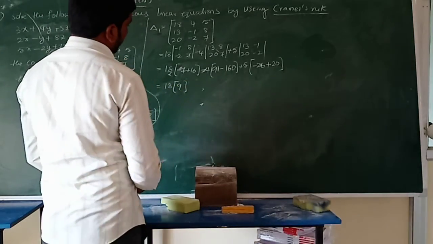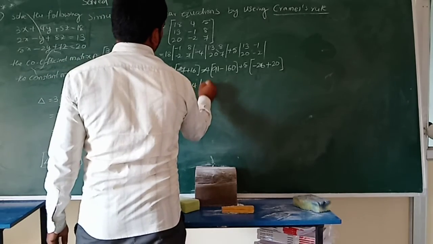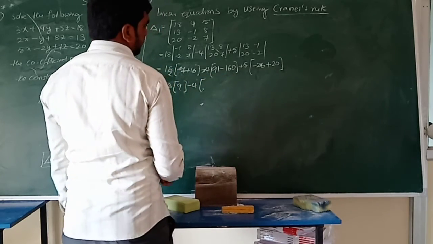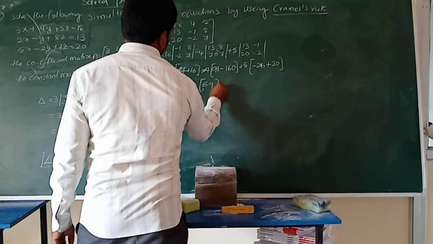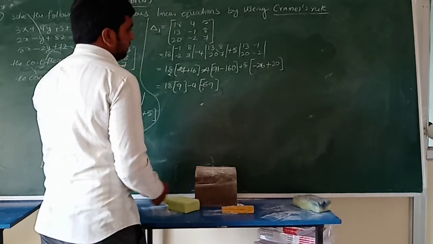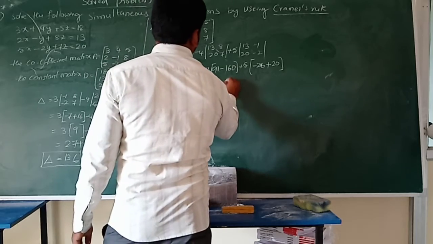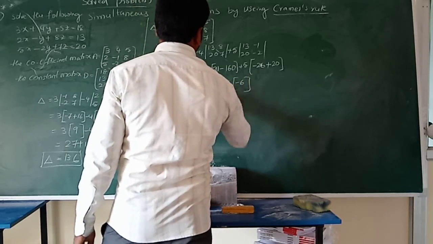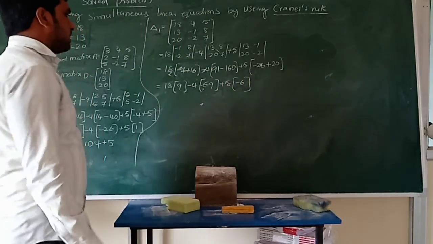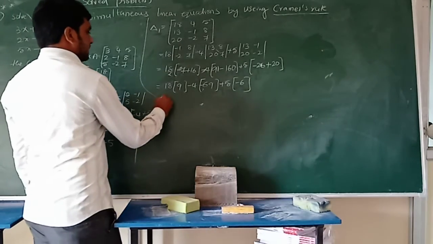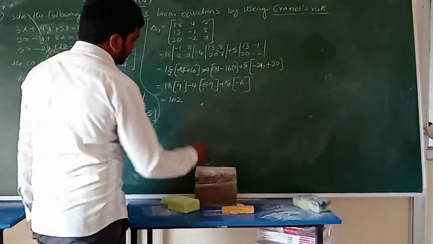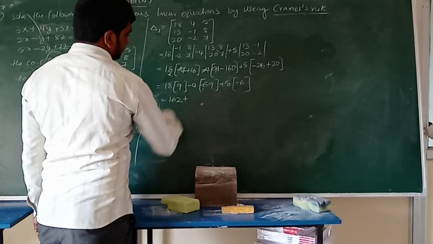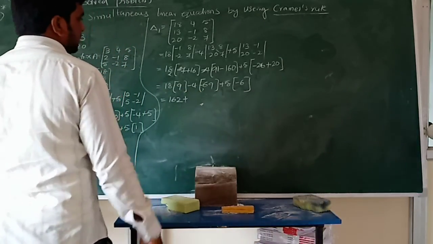Now minus 4 into 160 minus 91. 160 minus 91 means 69. Minus 69. Okay, minus 69 plus 5 into minus 6. 5 into minus 6, that is equal to 89s are 162. Minus into minus plus.